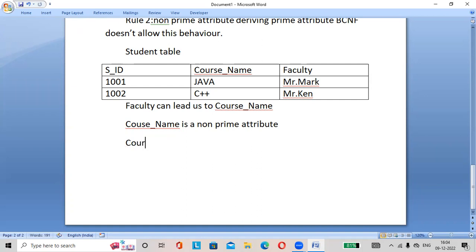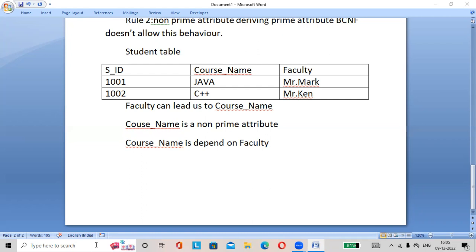Course name is dependent on faculty. Yes or no? Course name is dependent on faculty. Course name is not a primary key attribute. So the table is not in the form of BCNF.